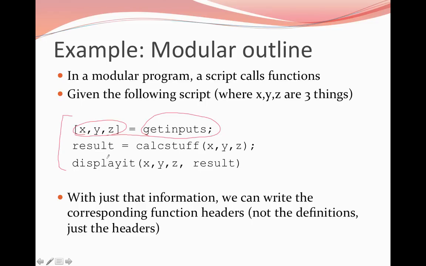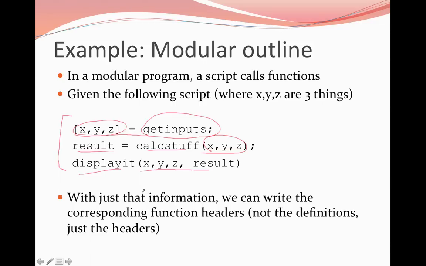So we call one function that gets the inputs. Then we're going to call a function calcstuff and pass these values, X, Y, and Z, to calcstuff, and that's going to calculate and return some result based on the inputs X, Y, and Z. And then the third step is going to display everything. So we have a third function called displayIt that's going to display all of the values X, Y, Z, and result. So this is our script that represents a modular outline of a program.